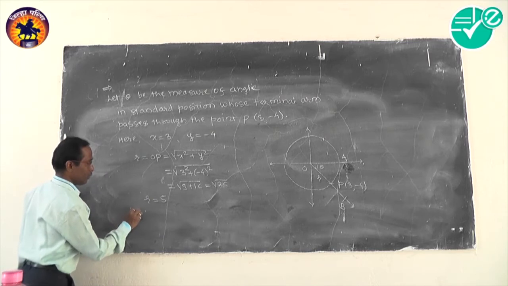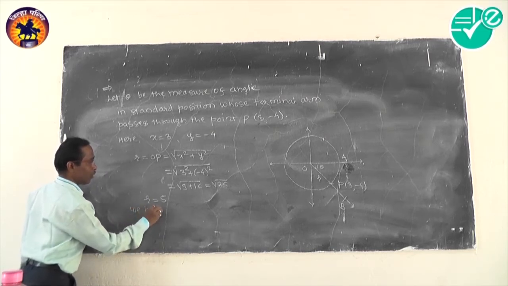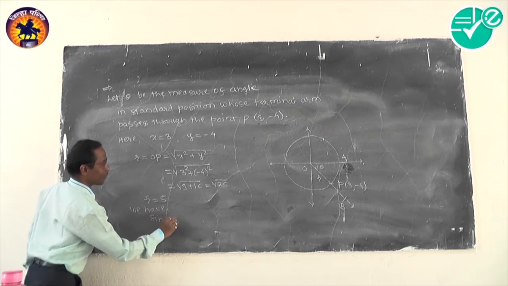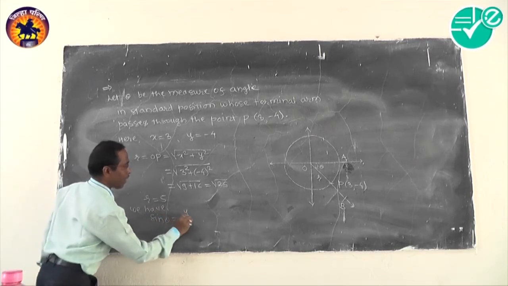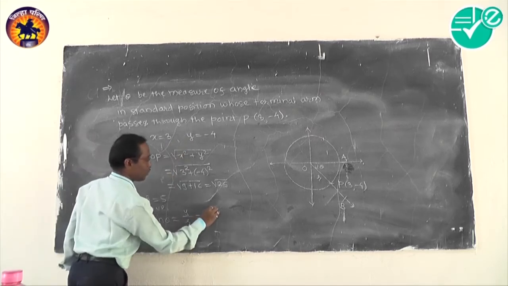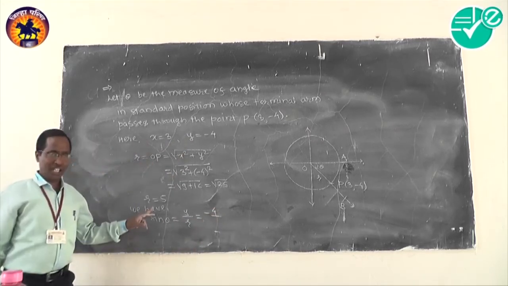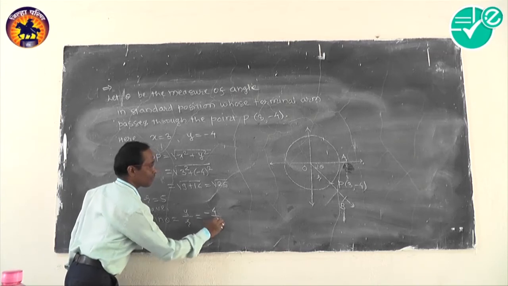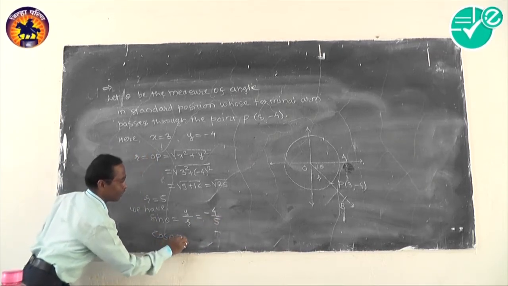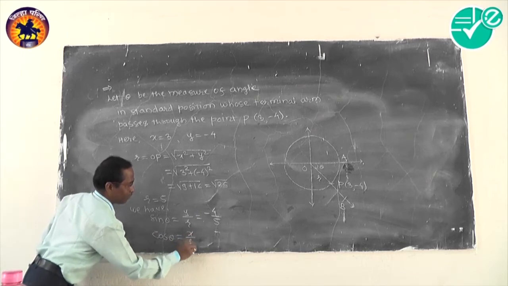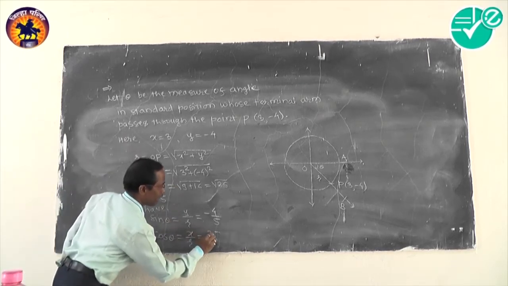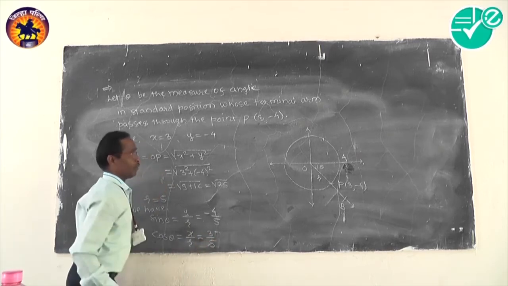Now we define the trigonometric functions. Sin theta is equal to y upon r. Y is minus 4, r is 5. Cos theta is equal to x upon r. X is 3, r is 5.